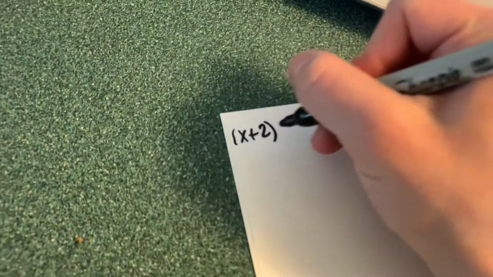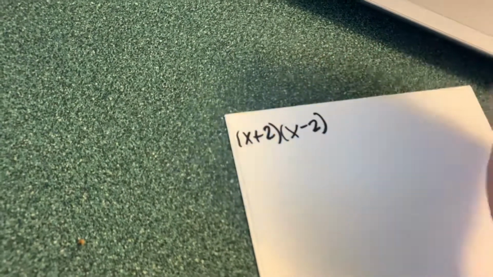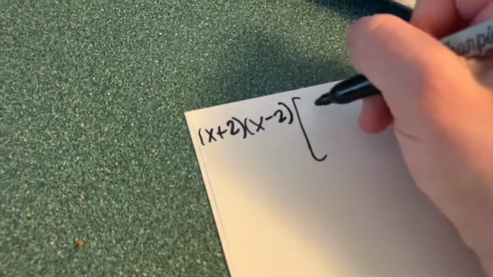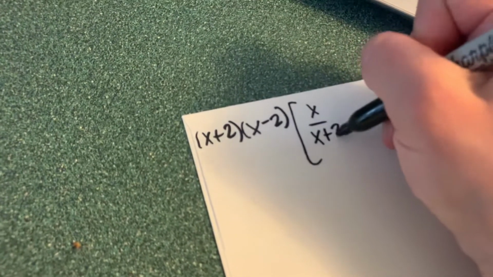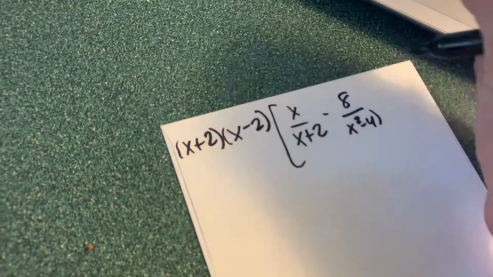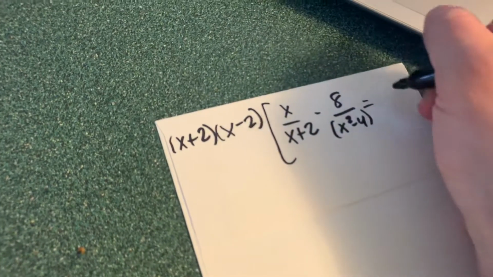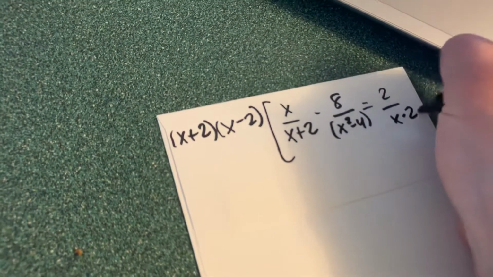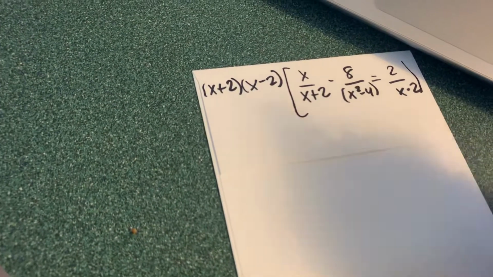You're going to have x plus 2, x minus 2. And you're going to multiply that to your whole thing. When you do that, this is what's going to happen.